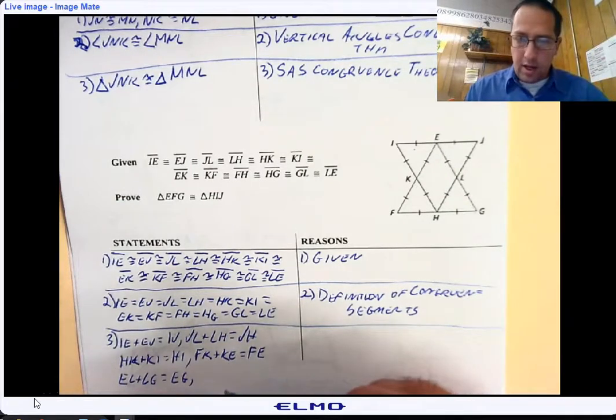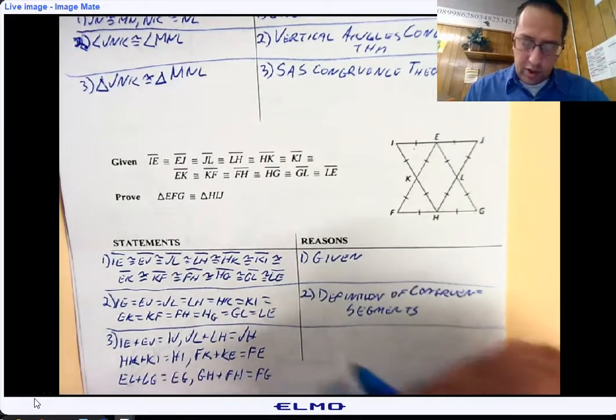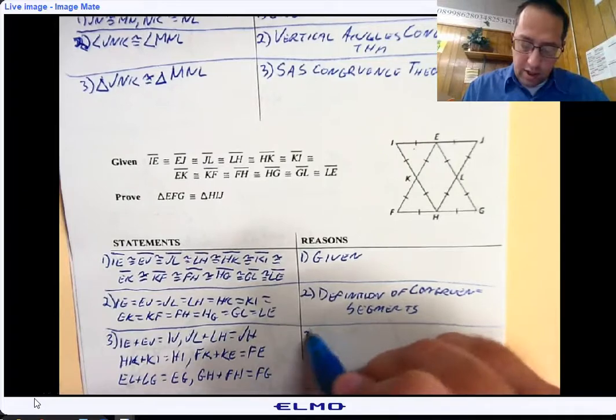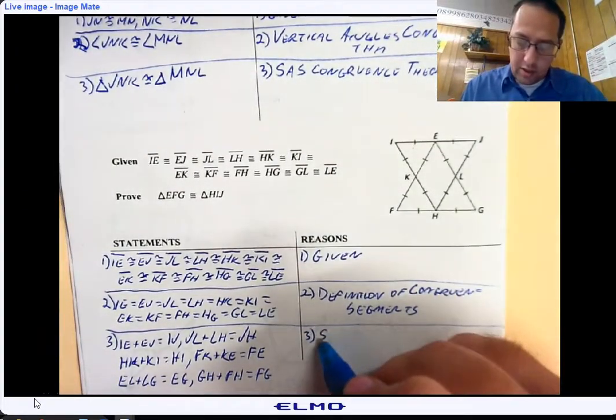And then finally we have FG, so that would be GH plus FH equals the length of FG. All right, so that is all of the sides of my two large triangles, and I did all of this with segment addition.